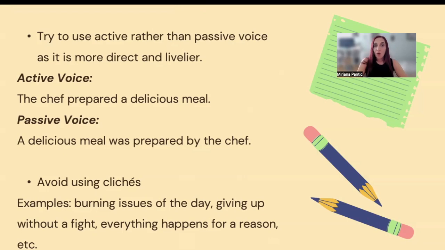Some examples of cliches include "burning issues of the day," "giving up without a fight," "everything happens for a reason." I want to mention a cliche that your professor cannot stand. That is "first and foremost." When I see that, I really get upset because I don't understand why people use that in writing.